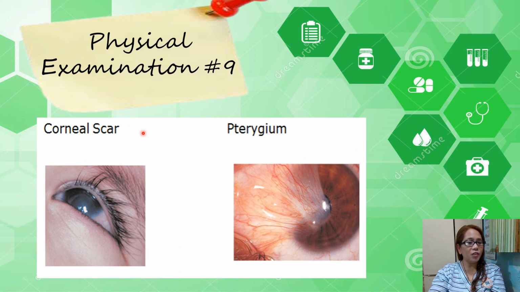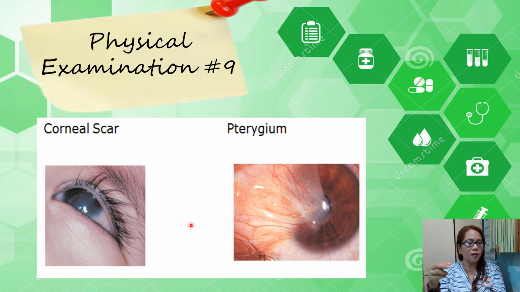Another finding in the cornea is the corneal scar. Now you can see it. It is either an opacity or irregularity in the cornea that can limit the cornea's ability to accurately focus light. Pag covered talaga lahat, it might cause blindness.